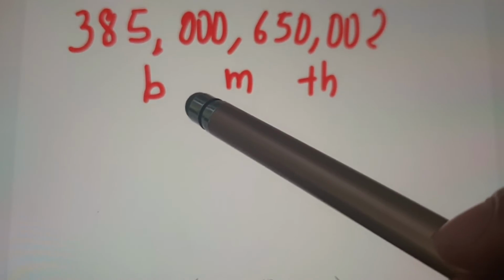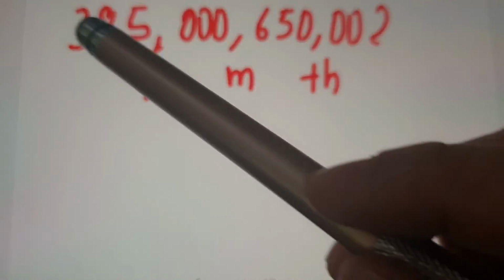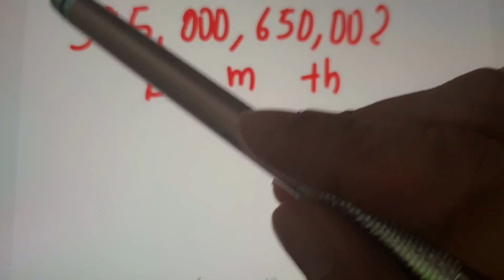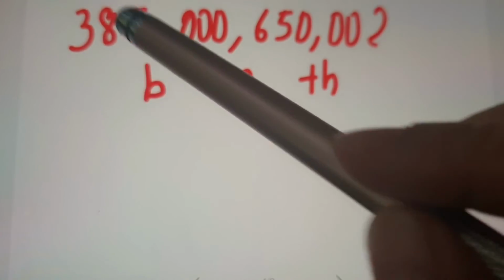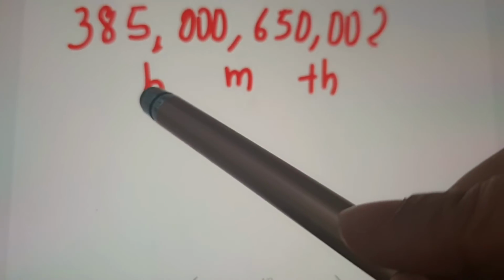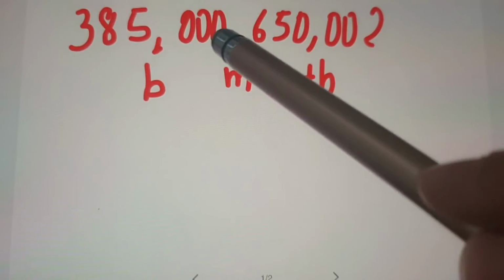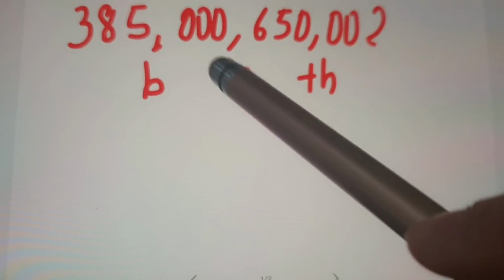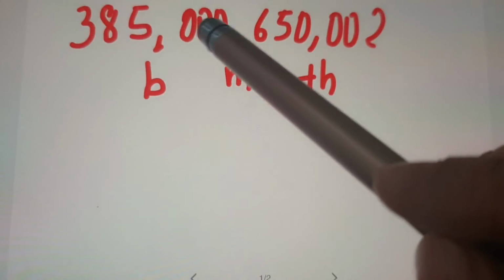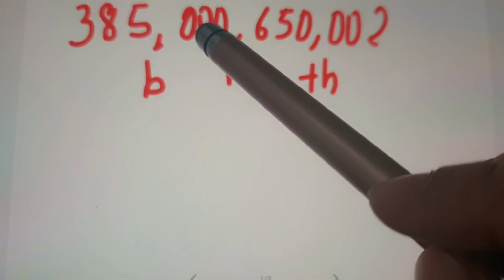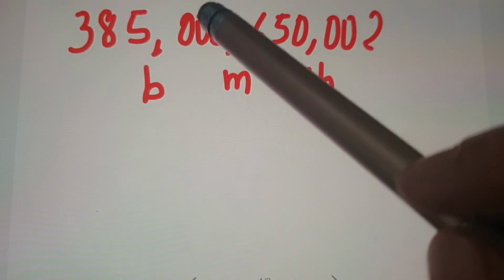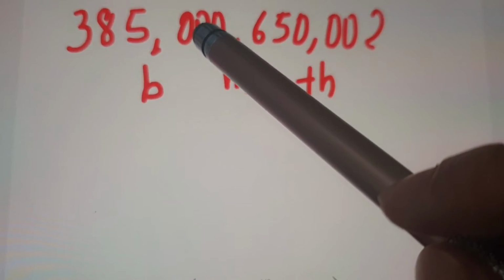So how are we going to read this number? It is read as 385 billion. On our million place, we don't have numbers. These are all zeros. So we won't read this.